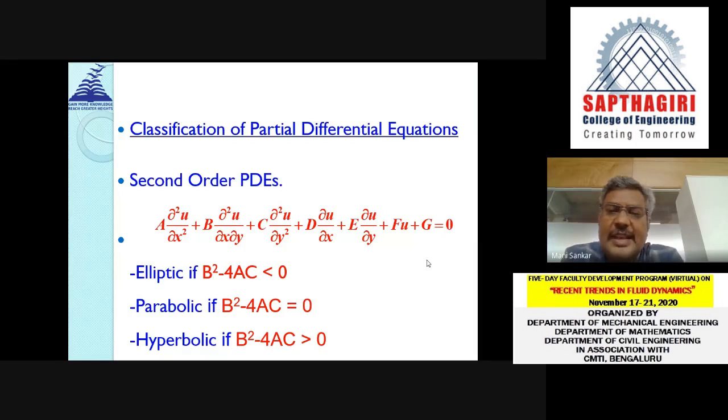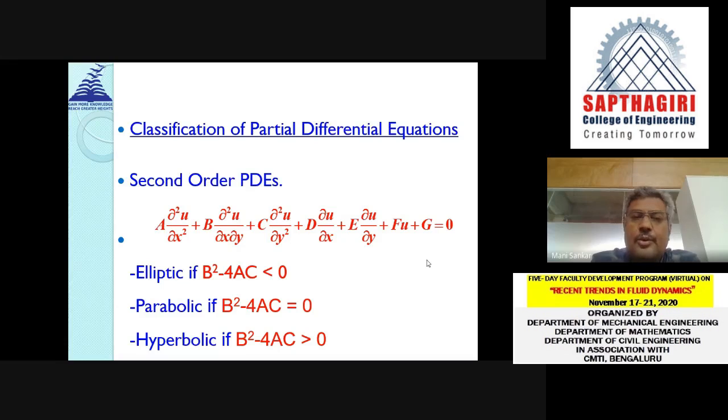For this classification, we assume that those coefficients are just constants. There are two other cases. They can be functions of the independent variables, and they can also be functions of the dependent variable and/or its derivatives. In that case, we call it a non-linear differential equation.